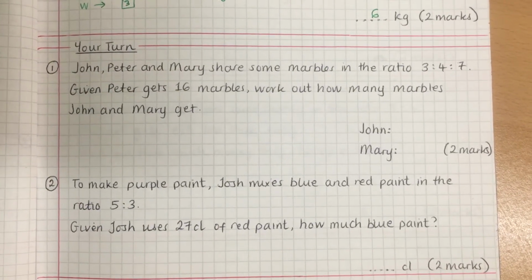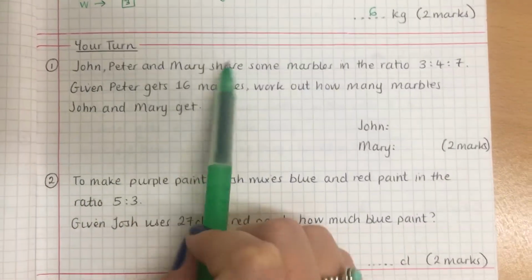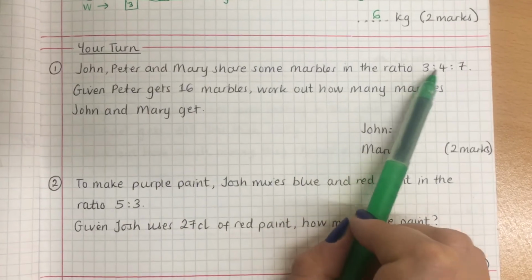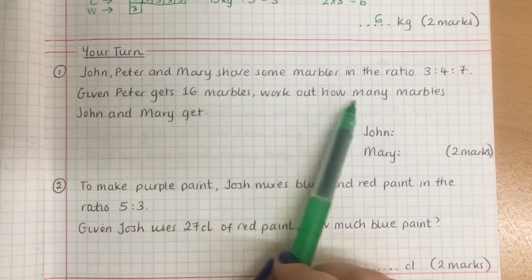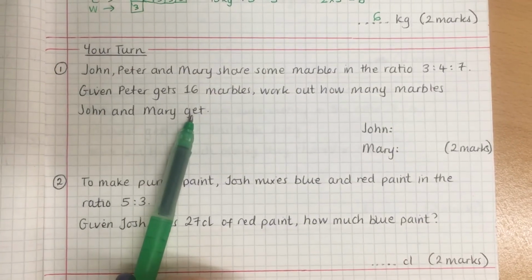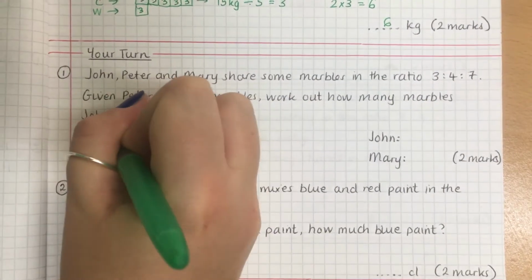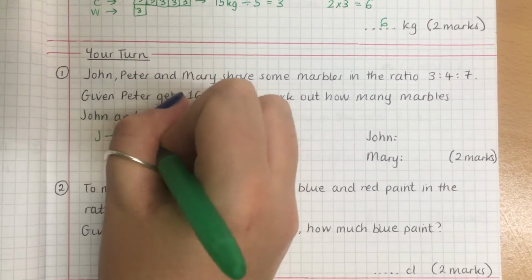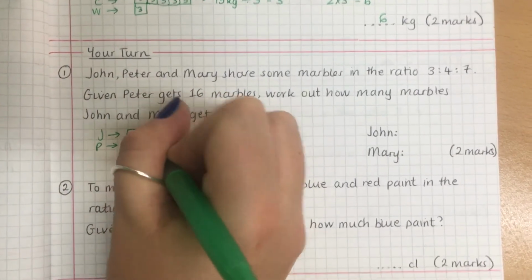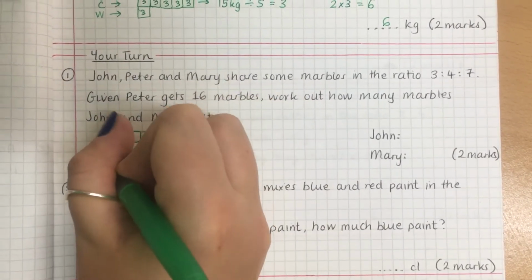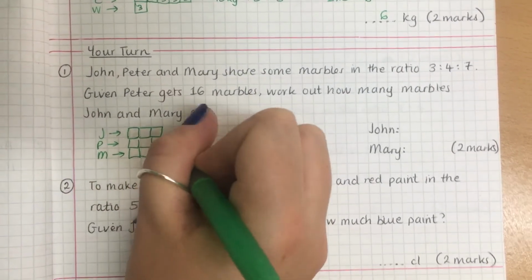Okay, so first one. John, Peter and Mary share some marbles in the ratio 3:4:7. Given Peter gets 16 marbles, work out how many John and Mary get. So first things first, we're going to do our boxes. John gets 3 boxes, Peter gets 4 boxes, and Mary gets 7 boxes.